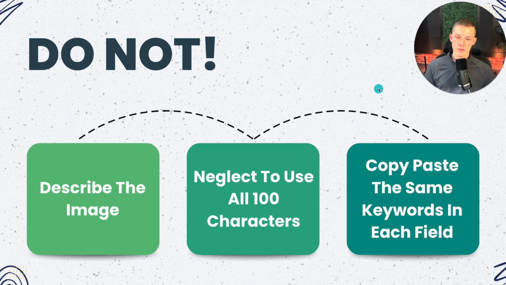And then lastly, do not just copy paste the same keywords into each field. Now, I know that it can seem like a lot of work, especially if you don't want to use ChatGPT, you wanted to write it all manually. I don't know why you would, but if you're doing that, it's going to be a lot of work. So the easy way out can just be to write one field of 100 characters and then just copy paste that throughout your A+ content and throughout your brand story.